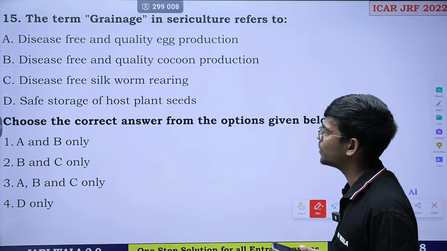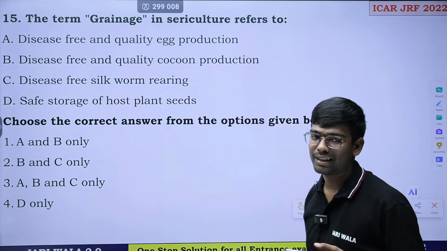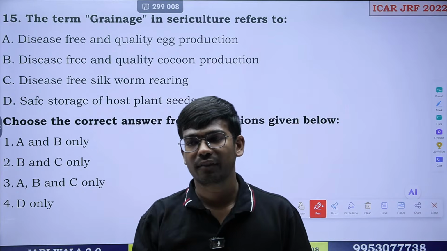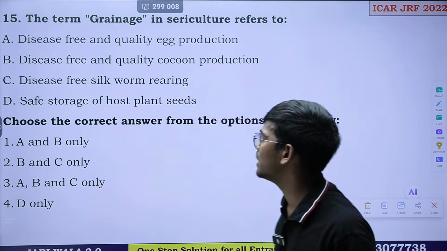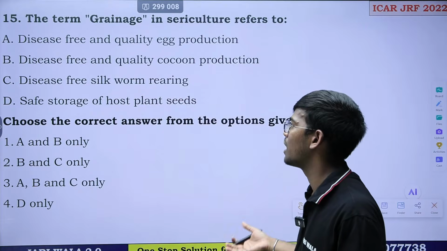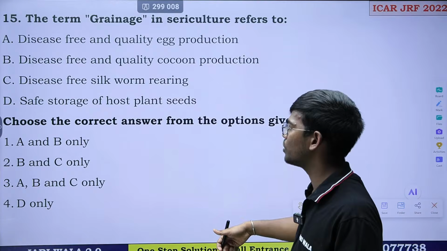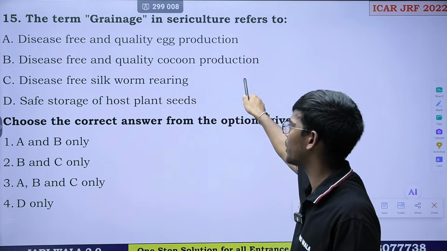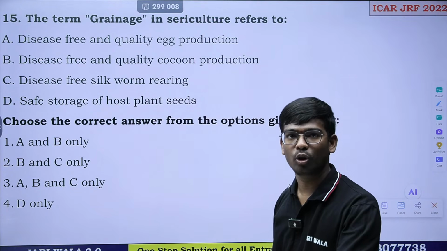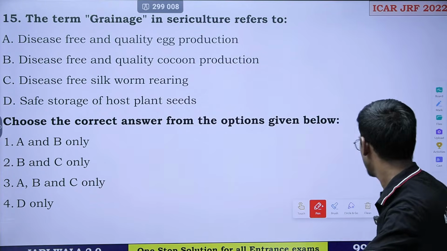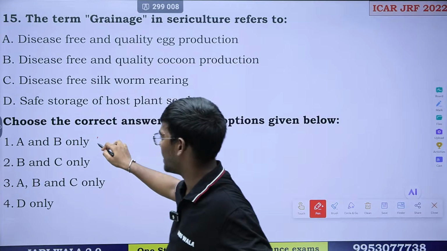Usually the grainage definition says disease-free and quality egg production. But the work also includes sex determination, sex separation, and moth rearing, so it also includes disease-free and quality cocoon production. If both options were there, you can go for egg and cocoon production. So the option will be A and B, that is 1.